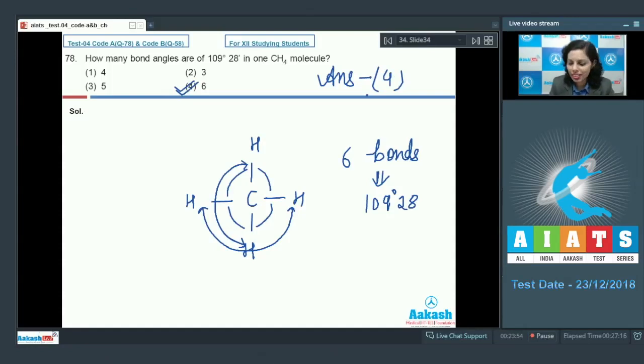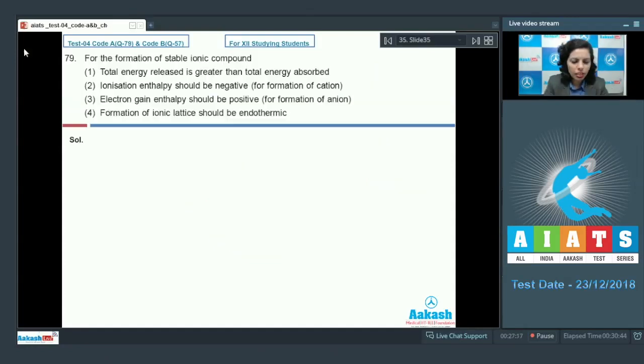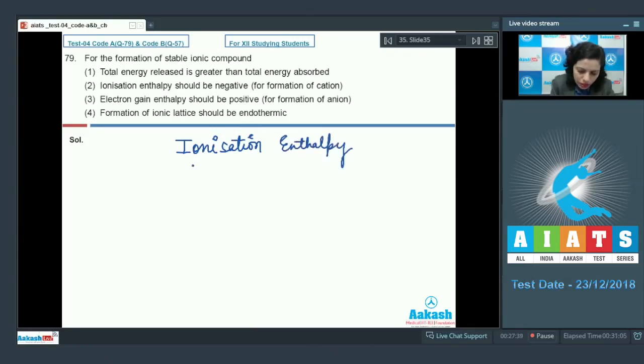Now, after this, there's another question. Question number 79. For the formation of stable ionic compound, basically, when we want to form a stable ionic compound, there are three types of energies which are involved. So first is ionization enthalpy. The second one is for the formation of anion, that is called electron gain enthalpy.